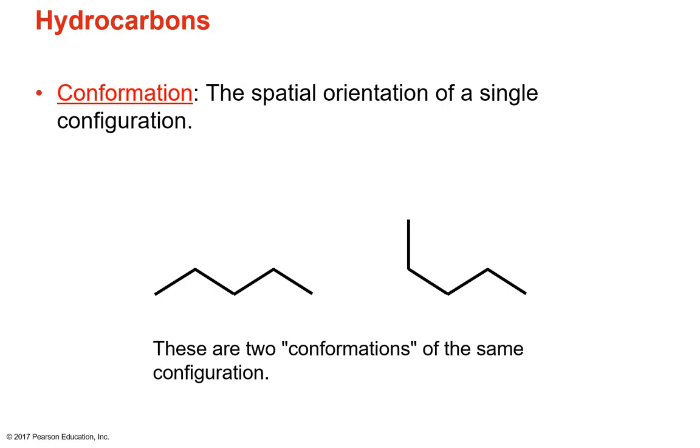I just alternated up, down, up, down. But the bonds for a carbon atom are something like this. And so you can have an angle like this or an angle like this. And when you make a chain, it actually has a different shape.